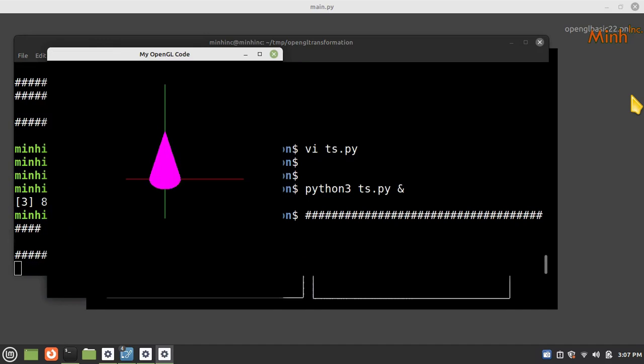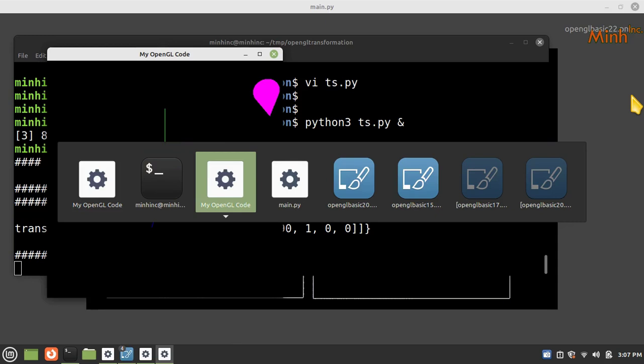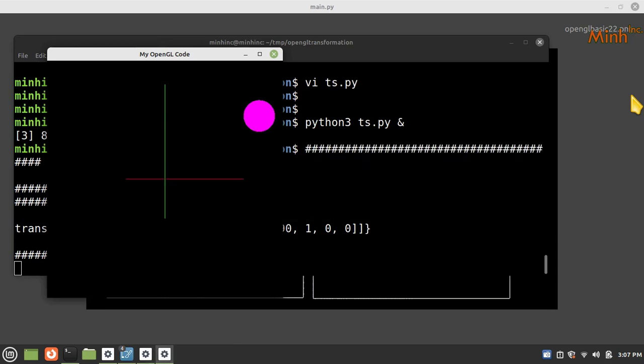At 90 degrees, no cone shape. We can see it's still a sphere. Now I am pressing far. It is going far, no change. This is perspective.